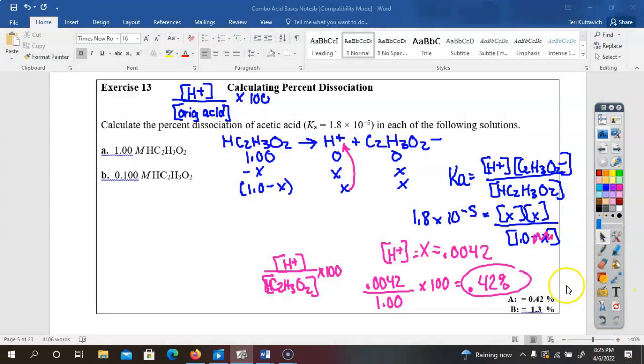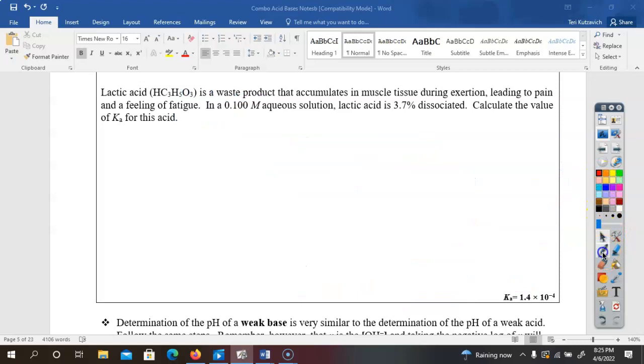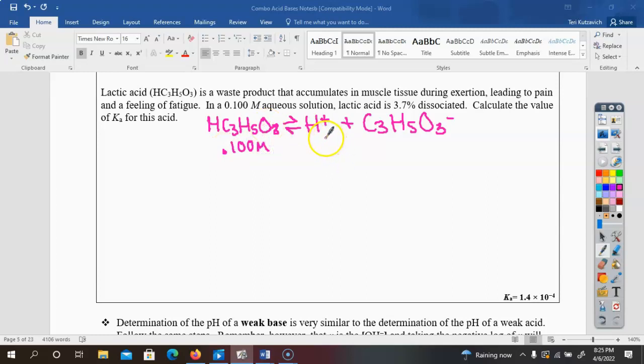All right, let's do another one. This one, I'm probably going to have to get you started. You know your equation. You just take your acid and you break it apart into H plus and C3H5O3 negative. They give you 0.100 molar of this. Oh, this is easy.